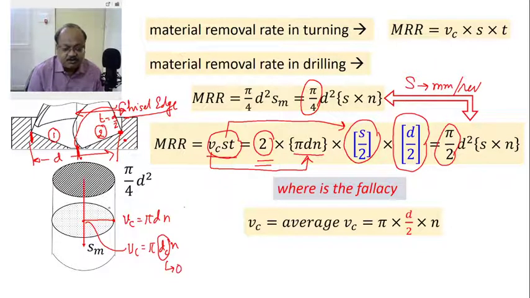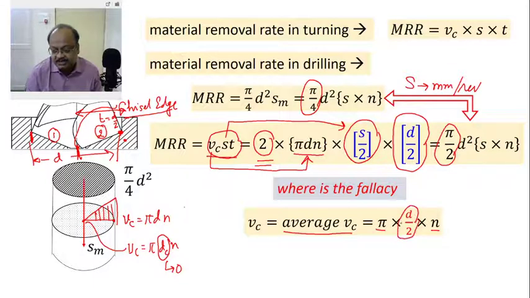It is 0. So cutting velocity varies linearly like this along the diameter or along the radius of the drill. So what we have done is that we have written average cutting velocity, so pi into n, and d has been replaced by d by 2, which is the average diameter.